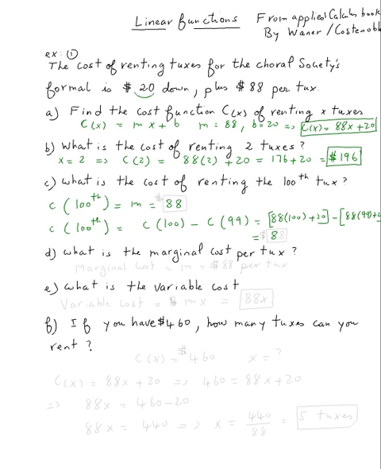So it's always going to be the slope, 88. So it's going to be $88. This is in dollars. Now, what is the marginal cost per tux? Marginal cost, by definition, is the slope, which is $88 per tux.